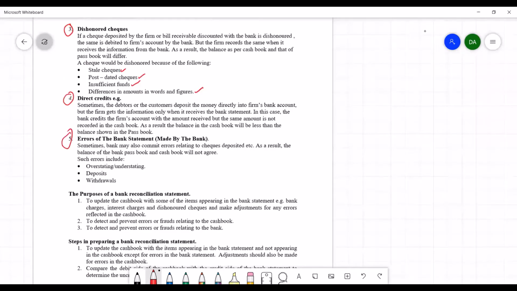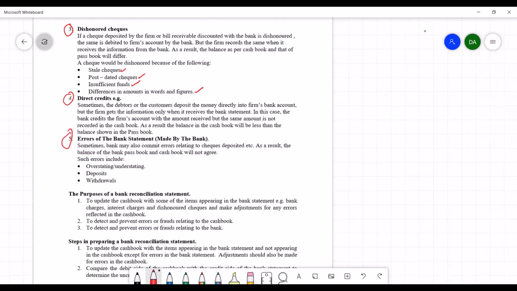Errors made by the bank. At times, the bank may commit an error related to the business bank account. For example, a wrong check being credited or debited to the business bank account.